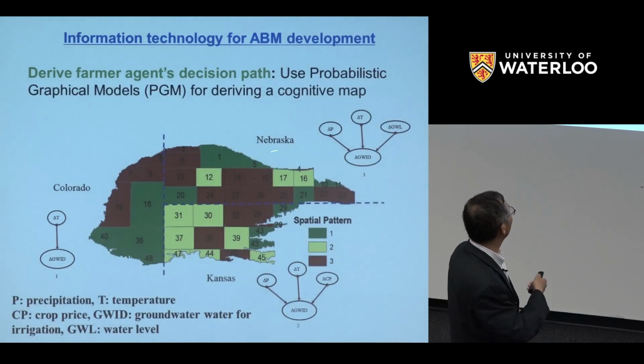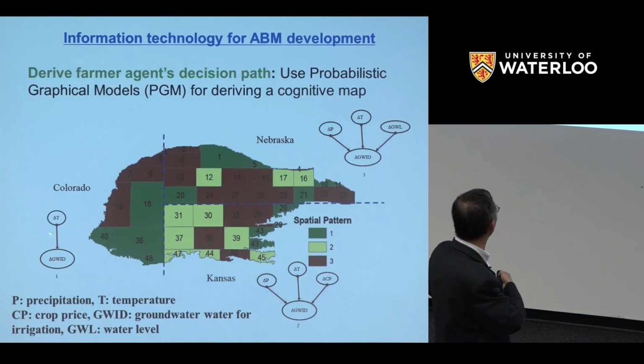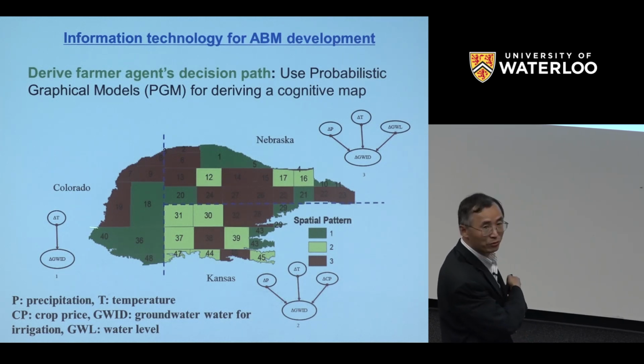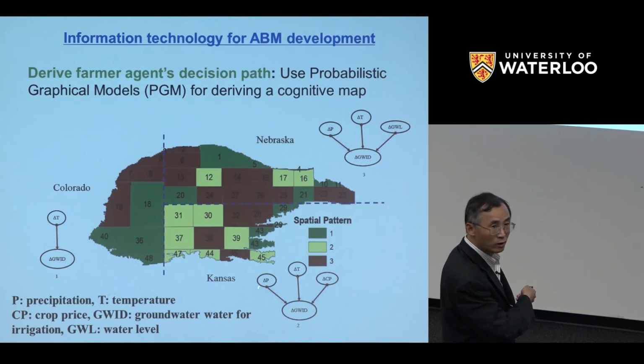Based on his research, we found different factors on irrigation in different places. For example, in upstream Colorado, we found the change of temperature is a major factor. In some places, like pattern number 2, we found the change of the crop price, the change of temperature, and also the change of precipitation.